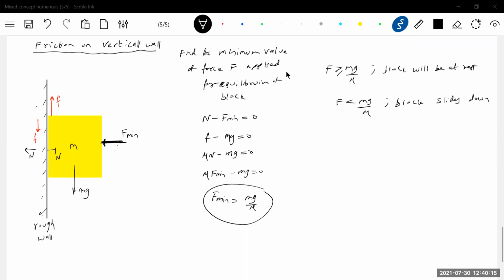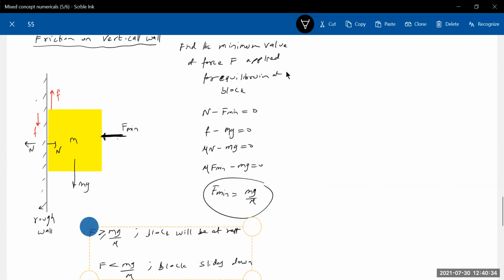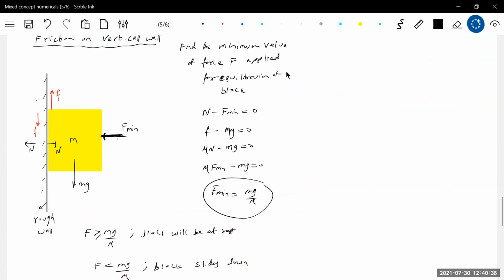And now we can apply the forces in different ways here. Can we apply the same force at an angle? Now, the similar situation, I'll apply the force at an angle.